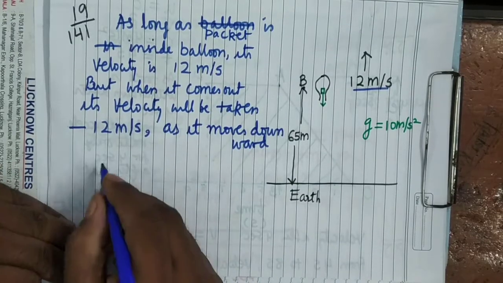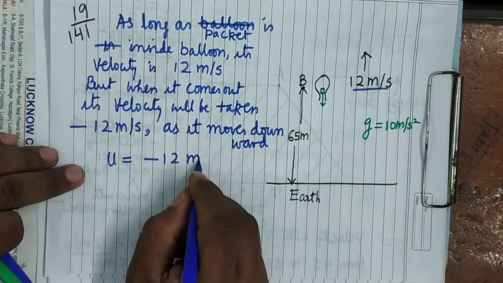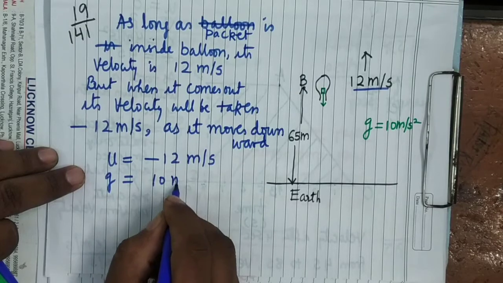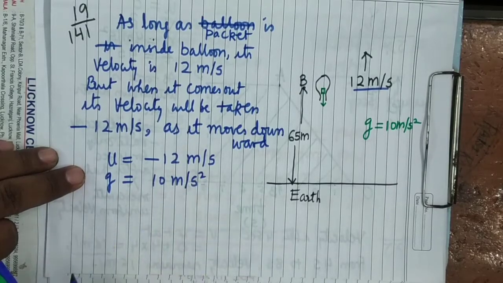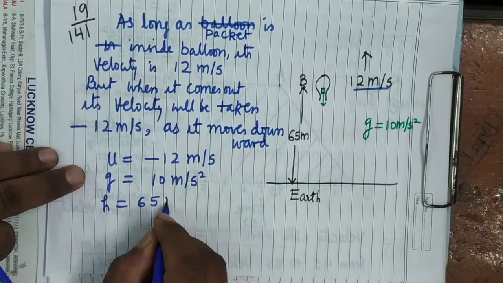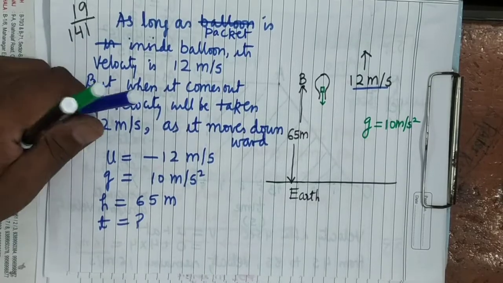It is clear? So what is u? u equals minus 12 meter per second. What is g? g equals 10 meter per second square. What is h? h equals 65 meter. And you have to determine the time in which it reached the ground.